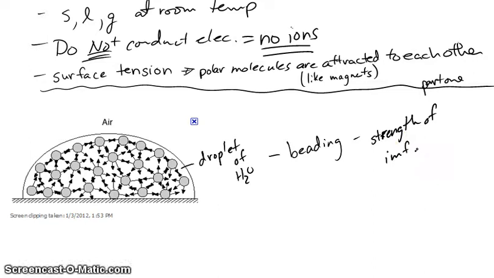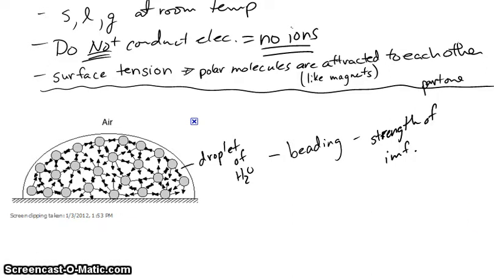For example, if it beads up really tall and high, like water does, that's because the water molecules are very strongly attracted to each other. Not as much as ionic compounds, but in terms of covalent compounds, water is a fairly strongly attracted covalent compound. But if we did something that has a smaller attraction, our bead of liquid won't be quite as tall.